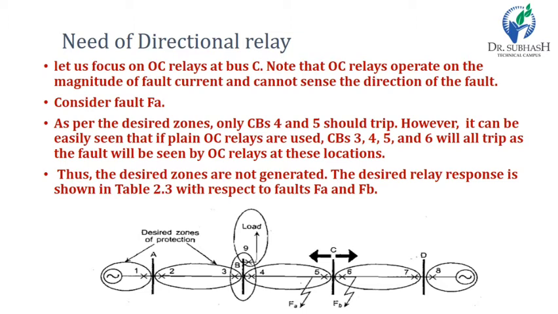Let us focus on this image, where we have used simple plain overcurrent relays. If the fault occurs between number 4 and number 5, which we named FA, the fault FA will occur between bus bar B and bus bar C. Circuit breakers 4 and 5 should be tripped as the ideal condition.